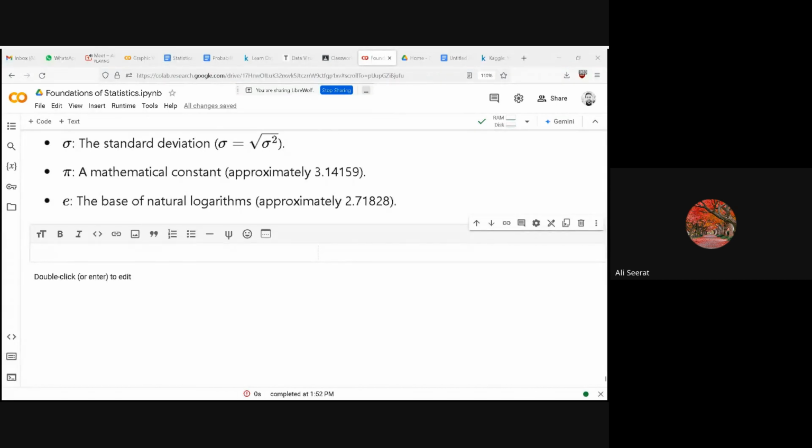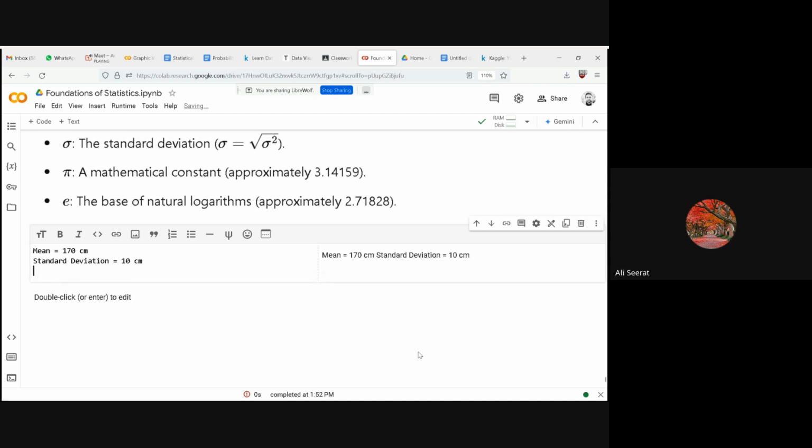Let me give you an example. Just assume we want to predict the height of a group of people. The mean value, the average height of the group, is equal to 170 centimeters, and the standard deviation is 10 centimeters.